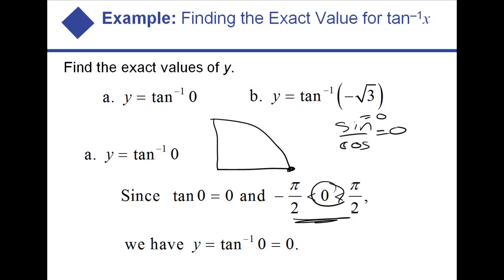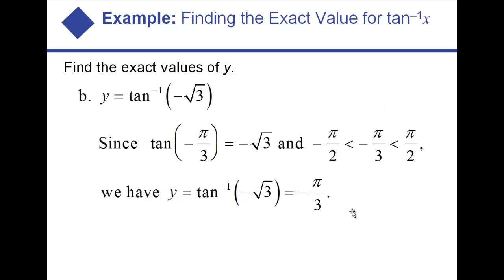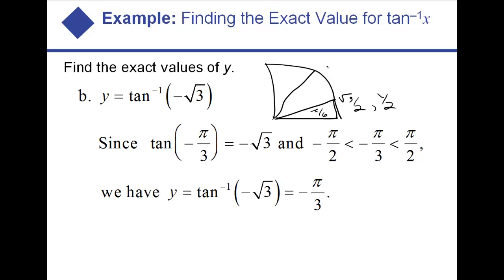So that's our answer. If we're trying to get negative square root of 3, when is tangent equal to negative square root of 3? Well, in the first quadrant, here at pi over 6, we have square root of 3 over 2 and 1/2. And then up here, we have 1/2 and square root of 3 over 2.